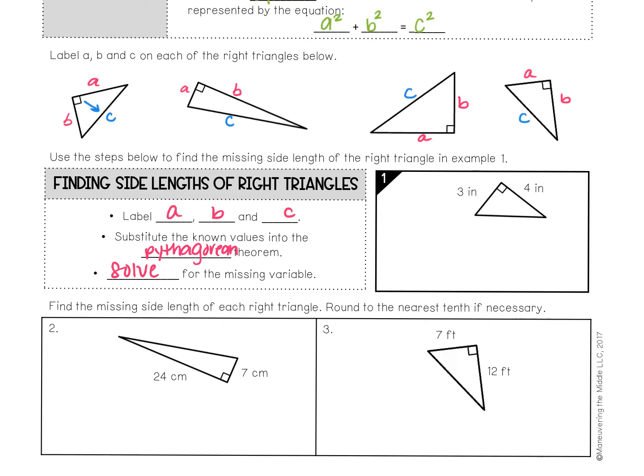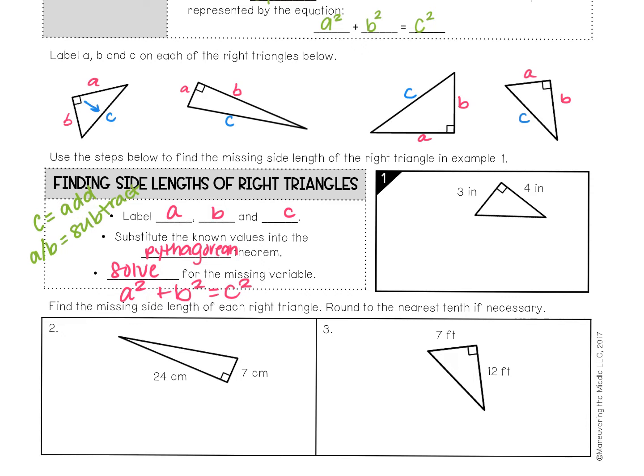Remember, the Pythagorean theorem is A squared plus B squared equals C squared. Now, one thing that we're going to look at, and just a trick I want you to remember, is that if we're solving for C, we're going to add. If we're solving for A or B, we're going to subtract. And we'll look at that a little more closely in a minute.